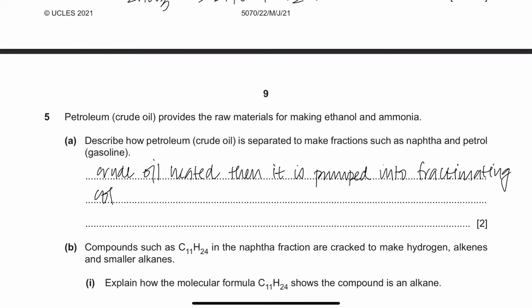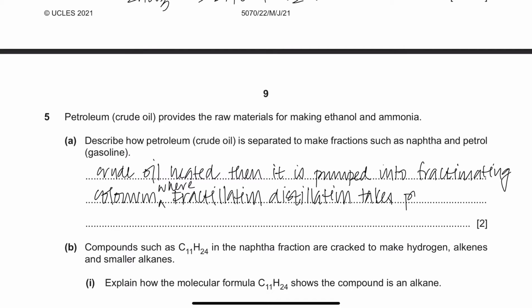We did this yesterday, remember? Then it is pumped into the fractionating column where fractional distillation will take place. In your course, just writing the name fractional distillation is worth one mark.